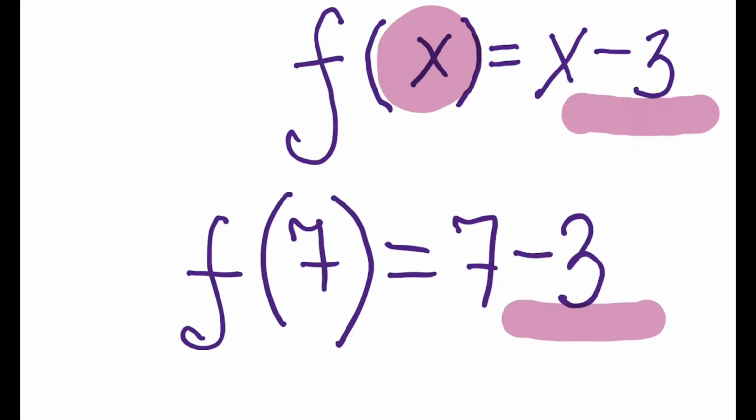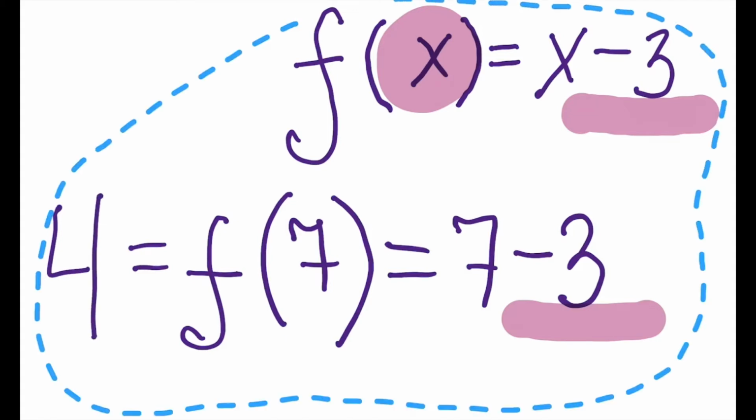I'm following the pattern. Whatever you want to imagine, it's like a box, and inside that box there are several things that are going to happen to your number that you put in there, which is 7 in our case. And then the final outcome, the output, it's called, of f will be 4, because 7 minus 3 is 4.